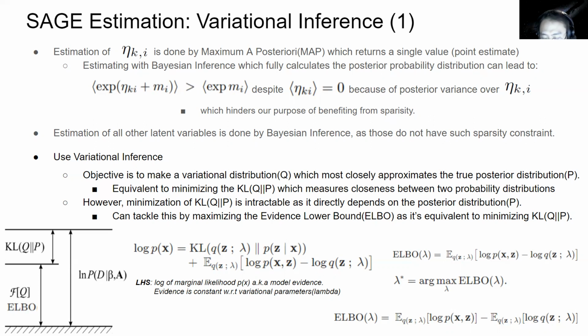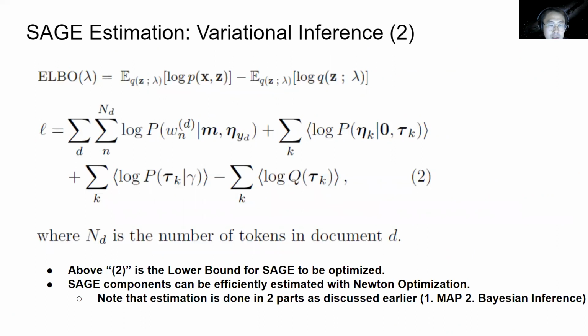And this ELBO equation, when we expand the terms, is basically equivalent to the energy subtracted by the entropy, as you can see here. This equation relates to the lower bound given in this publication.